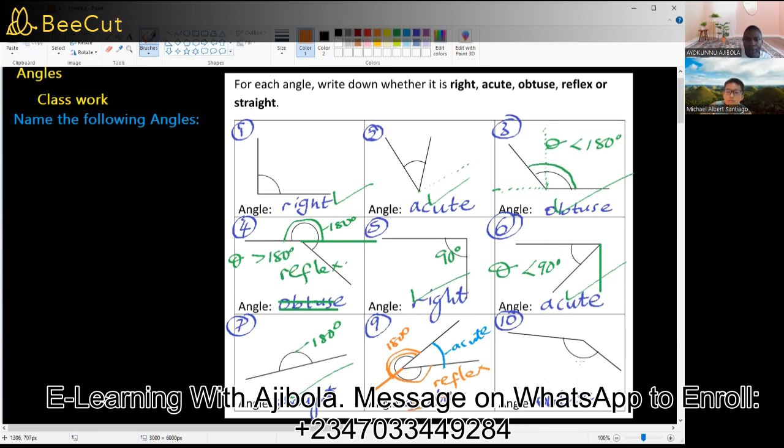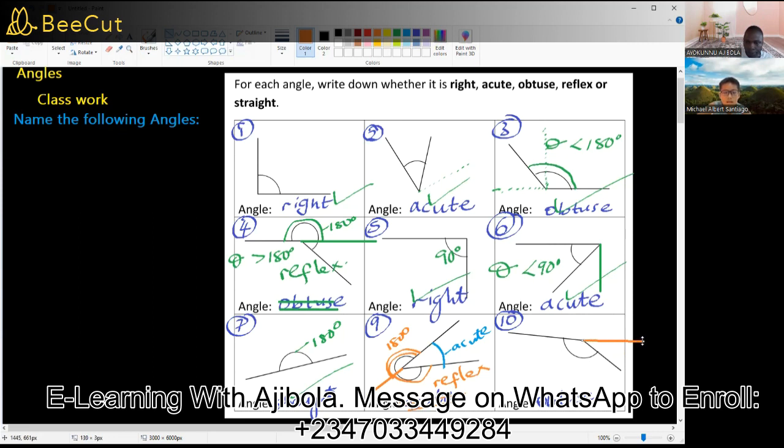Then this one that you called obtuse, let us check if it's obtuse. Obtuse angle should be bigger than 90 and less than 180, okay?